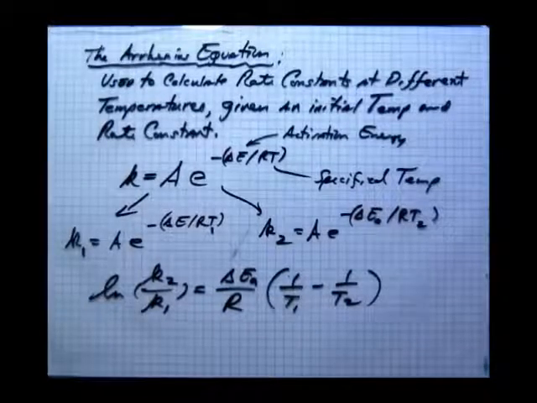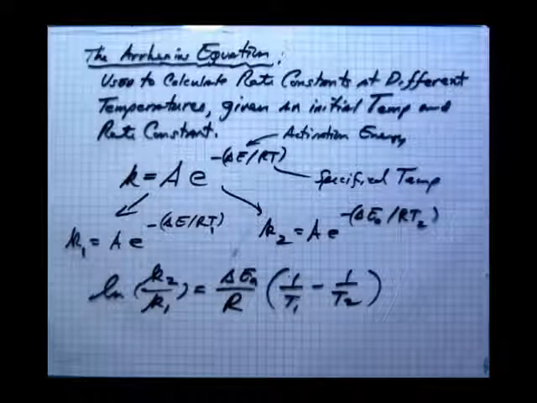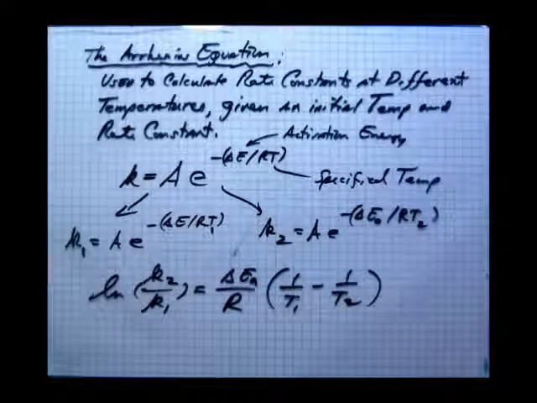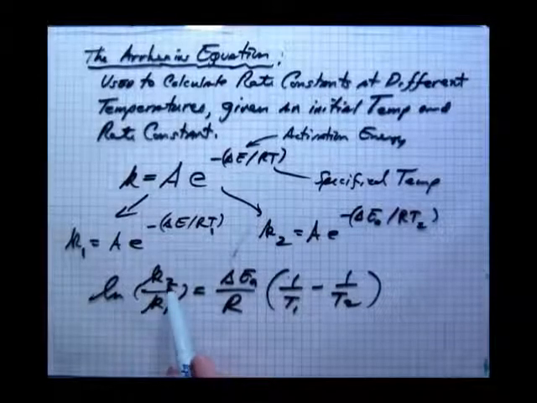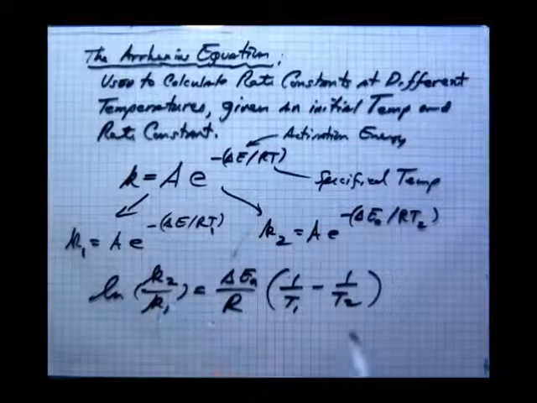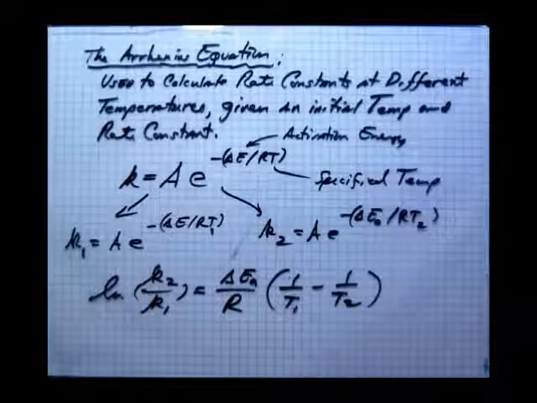That's the Arrhenius equation. Notice that you have two K values and two temperature values in here.